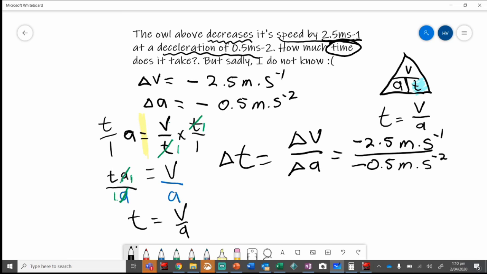The nice thing is that the negative cancels out the negative, and 0.5 goes into 2.5, or 5 goes into 25, 5 times. So delta t equals 5 seconds. It took this owl 5 seconds to change its speed by 2.5 meters per second if he was decelerating at 0.5.